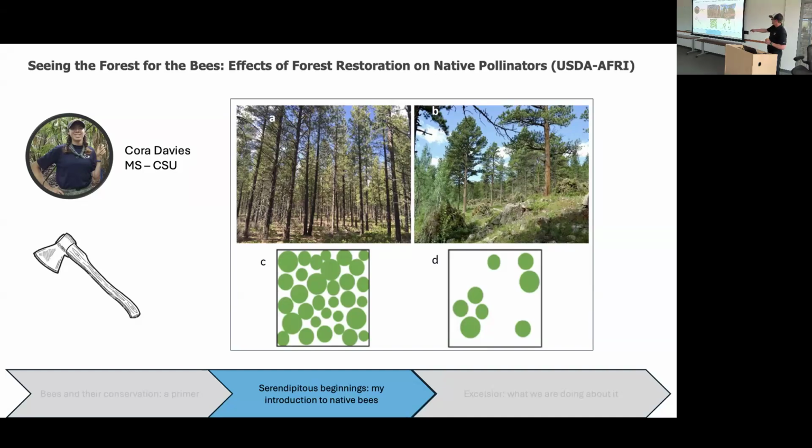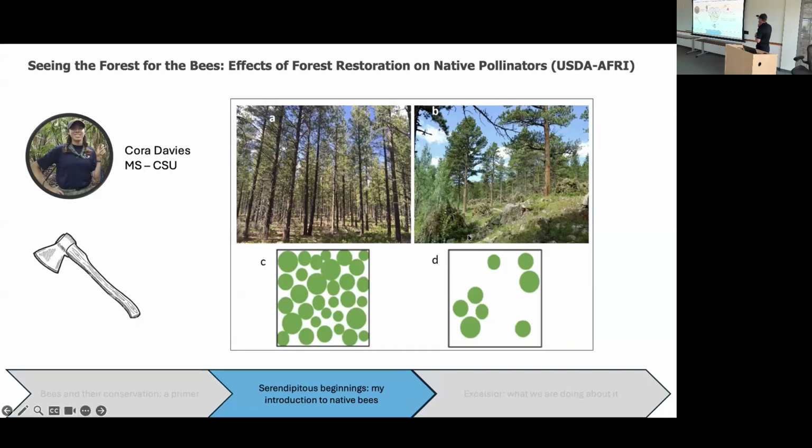So they were trying to move stands from this condition to this quote-unquote clumpy groupy condition where you have multiple age classes represented, heterogeneous spacing of different groups and so on, that results in more sunlight hitting the forest floor and a reduction in fire risk.